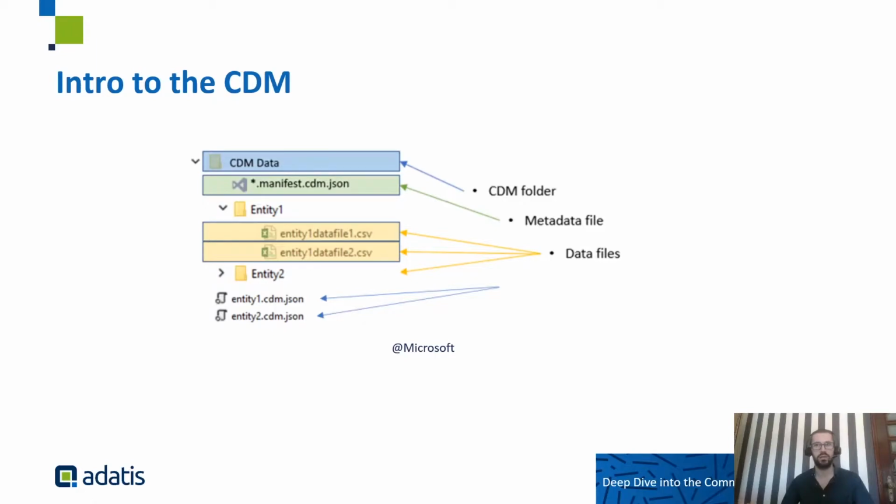The cdm.json file contains a definition for each Common Data Model entity and the location of data files for each entity. By having each entity definition in an individual file, managing, navigating, and discovering entity metadata is much easier and more intuitive.